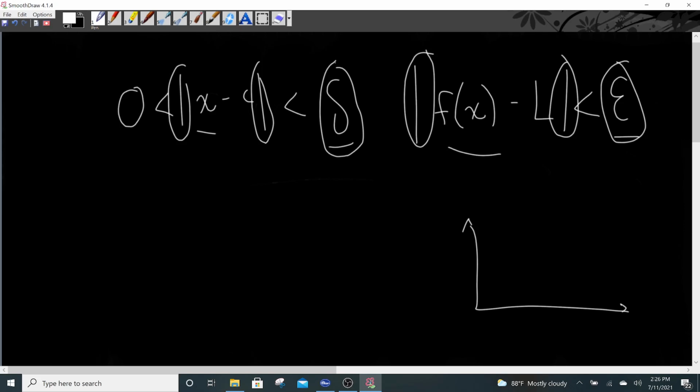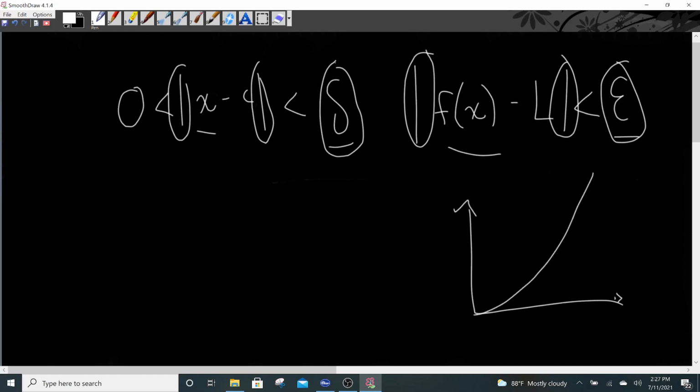So we're going to have, let's say, a function. And actually I should make this function simpler. I'll just draw it again. We're going to make it a lot simpler.